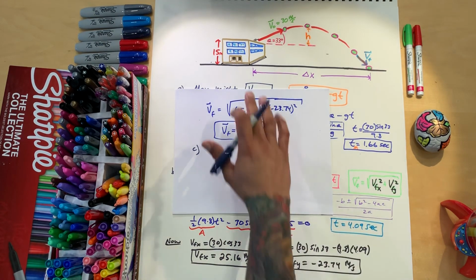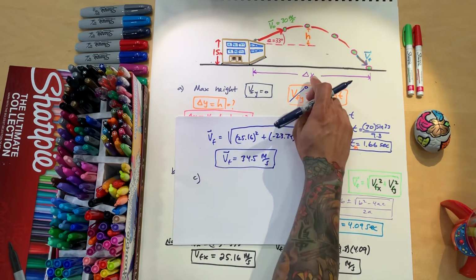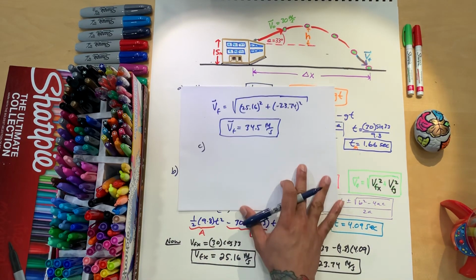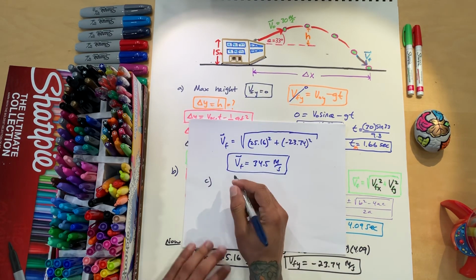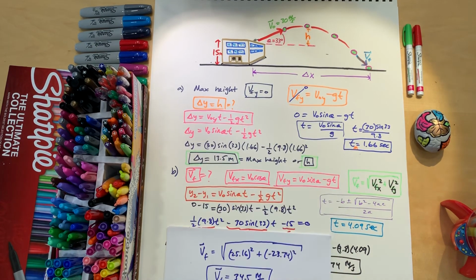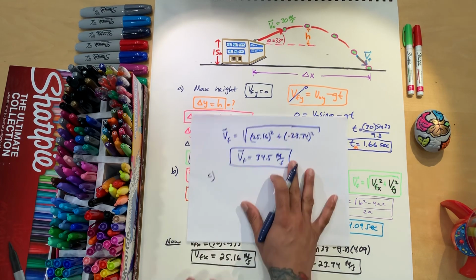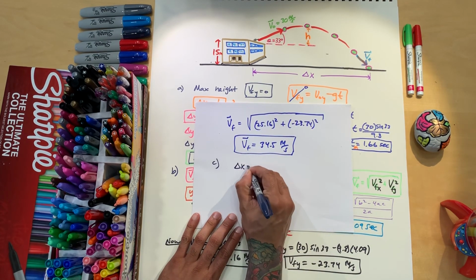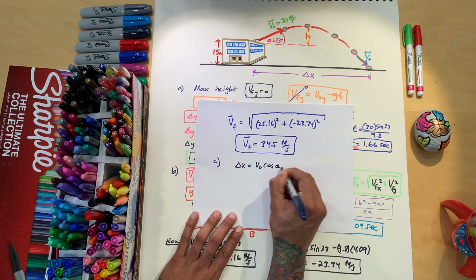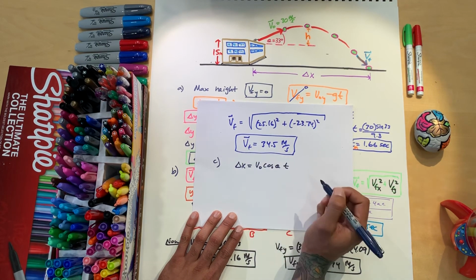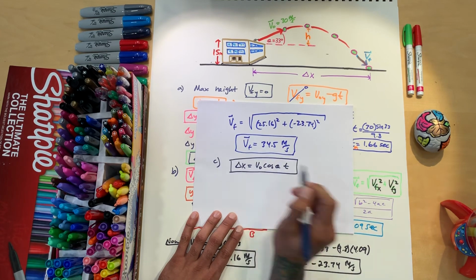Now, obviously, we're just going to need an equation that has the delta X, some type of range in the X direction. So we're going to use, let's see if it's already here. Whatever, we'll write it in. We got delta X, displacement in the X is going to equal V initial cosine theta times time. Okay, you should be familiar with this equation.